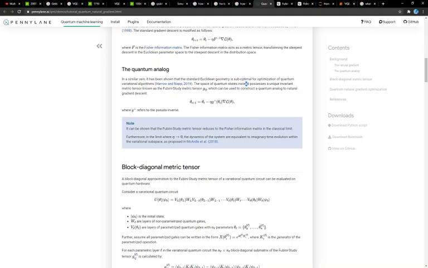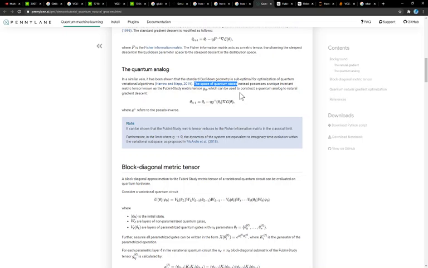Okay, so I think what this means is basically there's this matrix which somehow is going to guide you through the gradient. This matrix depends on the way your quantum circuit spins out a quantum state space. You have your ansatz, and that's generating a space of probability distributions, and that's going to depend, of course, on the parameters of the circuit.